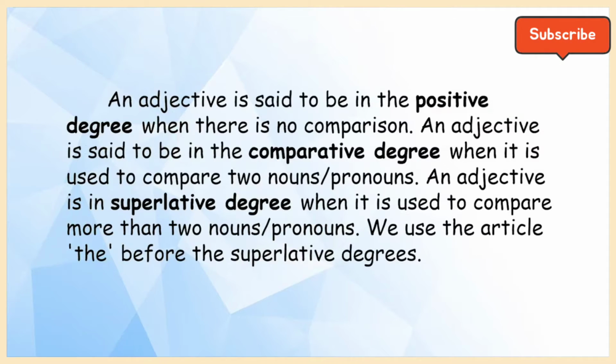An adjective is in the comparative degree when it is used to compare two nouns or pronouns. An adjective is in the superlative degree when it is used to compare more than two nouns or pronouns. We use the article the before the superlative degrees. Let us study the examples.